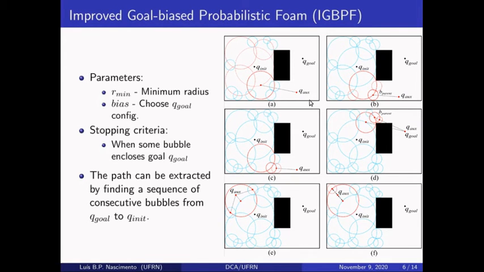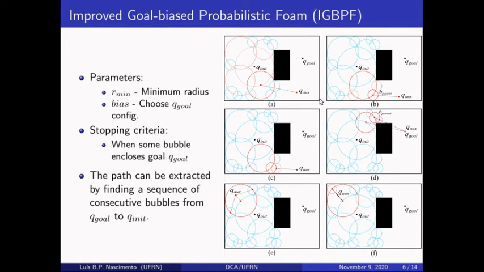But instead of finding the closest bubble among all bubbles in the foam, the new variation IGBPF makes a search only among the bubbles which have at least one child bubble on their surface.